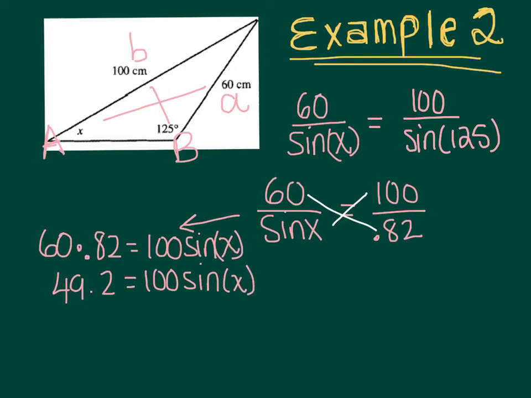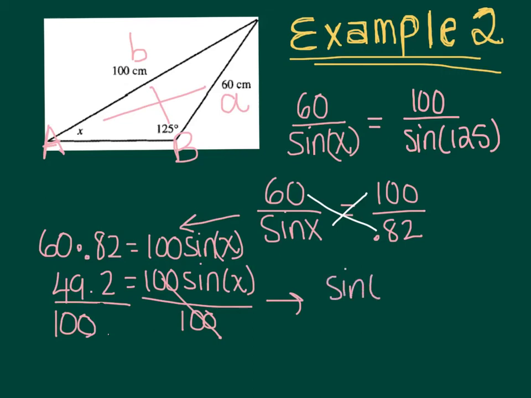Now, we're trying to solve for x, so I'm going to get rid of that 100 since it's crowding in on the x. All right, so then 49.2 divided by 100 gives me that the sine of x equals 0.492.